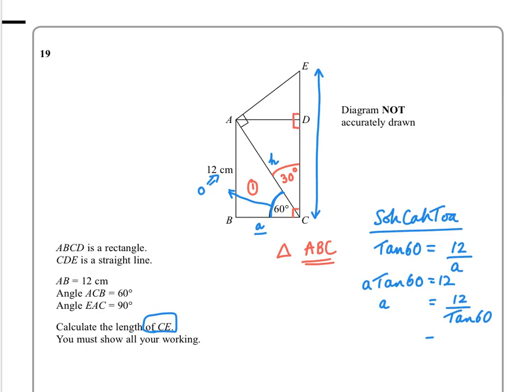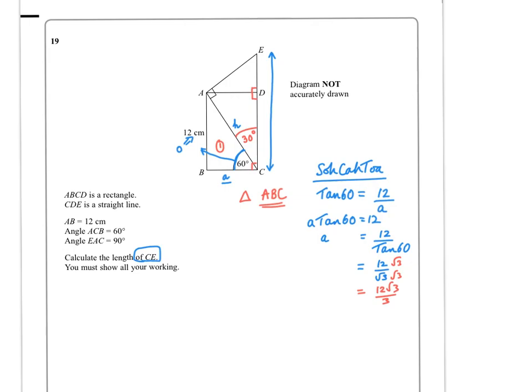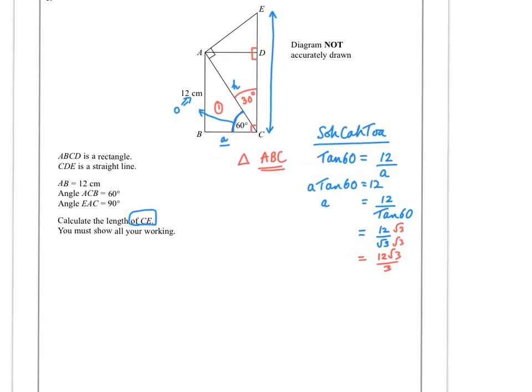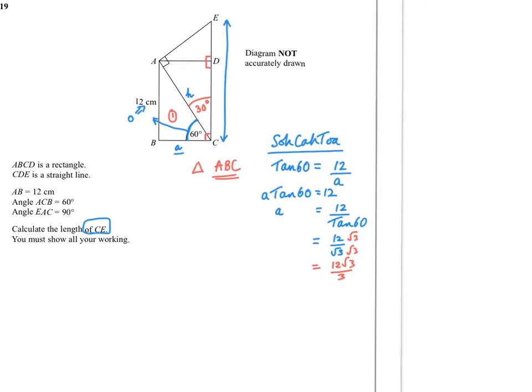Now I know the tan of 60 is root 3, you've got your calculator, so I'll rationalise both sides. At this point you may have already got a decimal, that's absolutely fine. But I'm going to call mine 12 root 3 over 3, or 4 root 3 in this case. So you may have a decimal at this point.